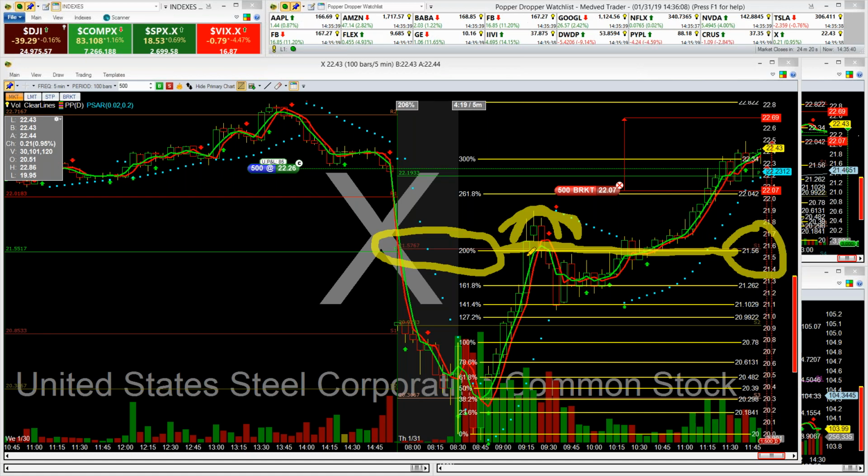So as it's moving above fibs, you should be moving stops below those levels and trailing it up. Your stop would have been somewhere right in here once it broke above there. And then as it came back through, you got stopped out.